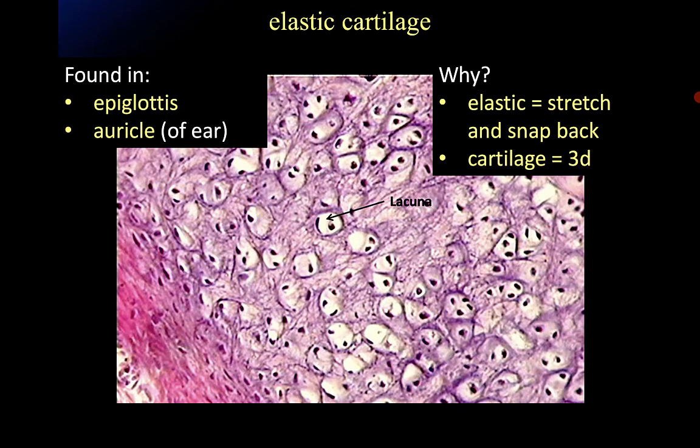This is kind of a spoon-shaped structure at the top of our voice box, which folds over during swallowing to make sure our food goes down our esophagus rather than our trachea. And when we are done swallowing, it can flip back up into position because it's made of elastic cartilage and it snaps back into shape.